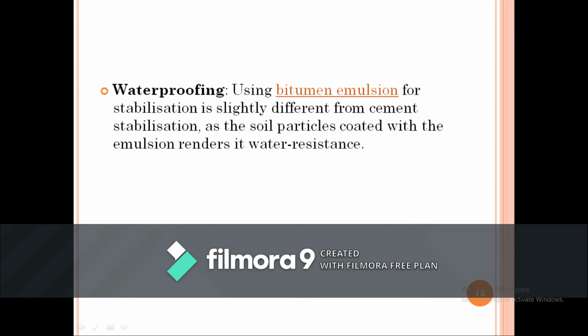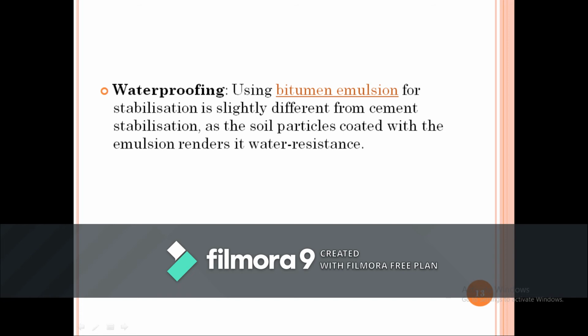The first and foremost use of bitumen modification or bitumen stabilization is waterproofing. Using bitumen emulsion for stabilization is slightly different from cement stabilization, as the soil particles coated with the emulsion are rendered water resistant.